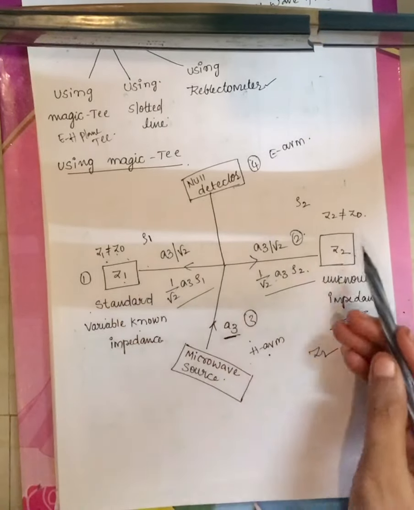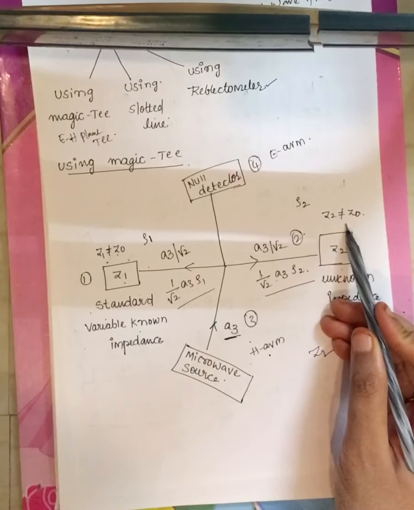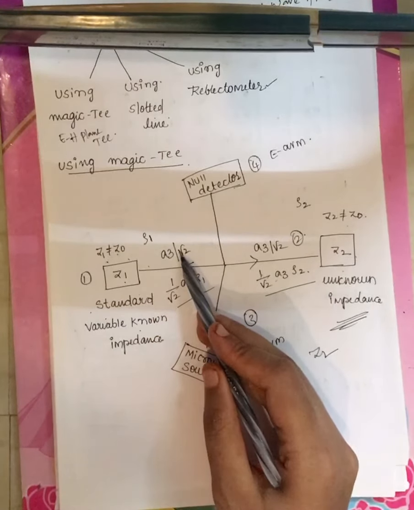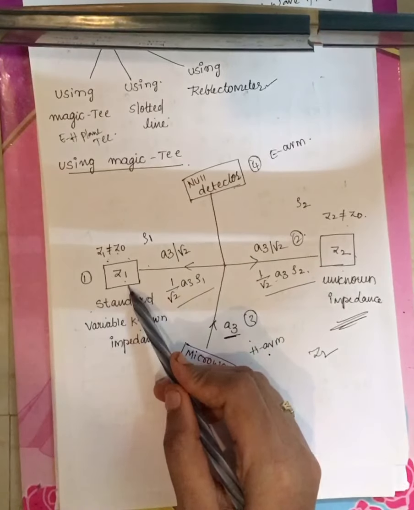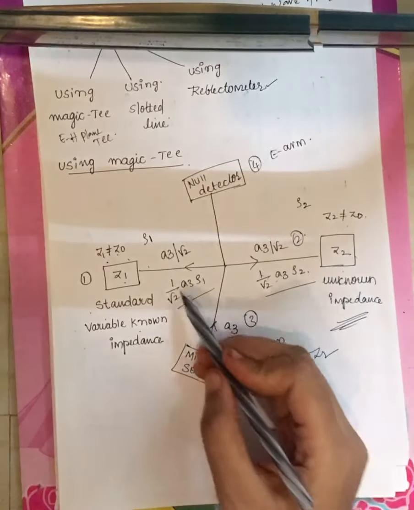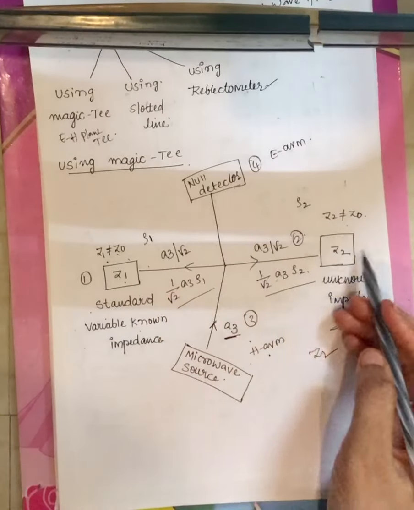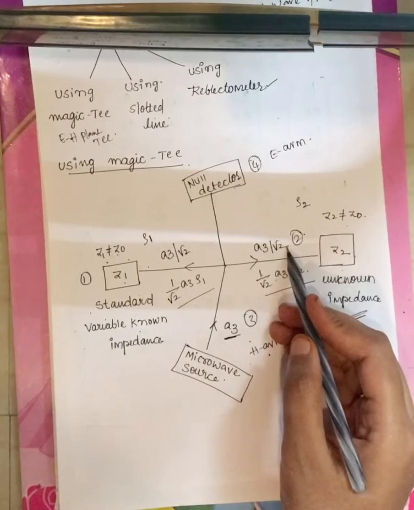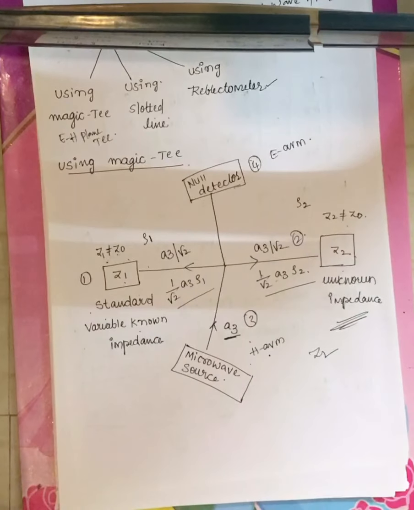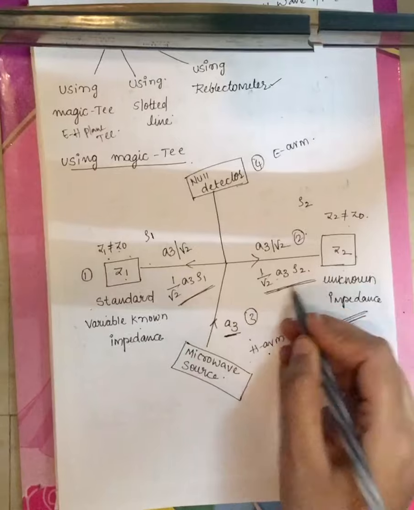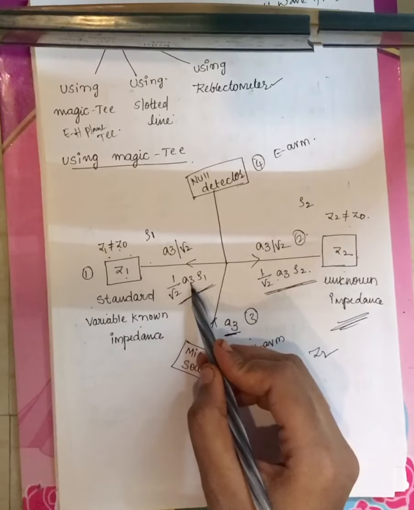Z1 is not equal to Z0 and Z2 is not equal to Z0, and hence there will be reflections from port 1 and port 2, right? This particular port 1 we are representing as rho 1, and this particular port 2 we are representing as rho 2, right? This is your final power at port 1 and 2 after getting reflected.